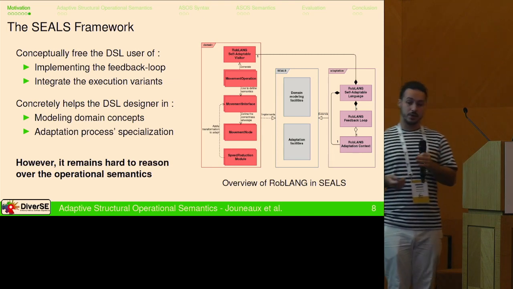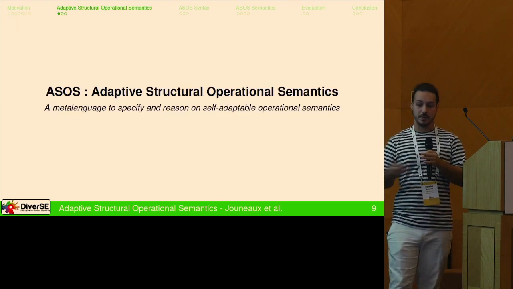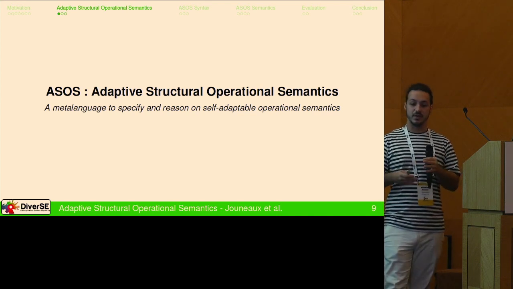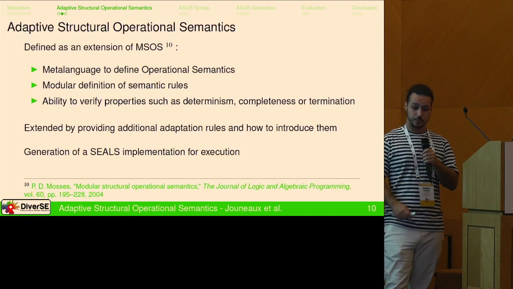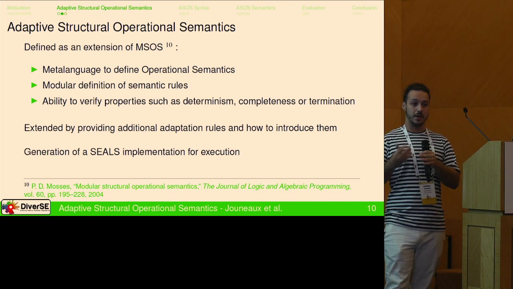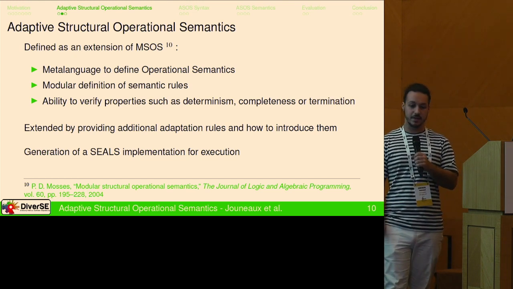So what I want to present today is ASOS, Adaptive Structural Operational Semantics, which is a meta-language to specify and reason about such self-adaptable operational semantics. ASOS is defined as an extension of MSOS, Modular Structural Operational Semantics.